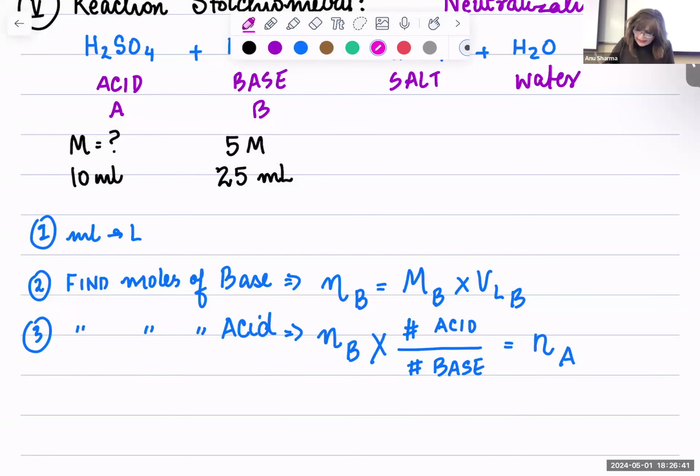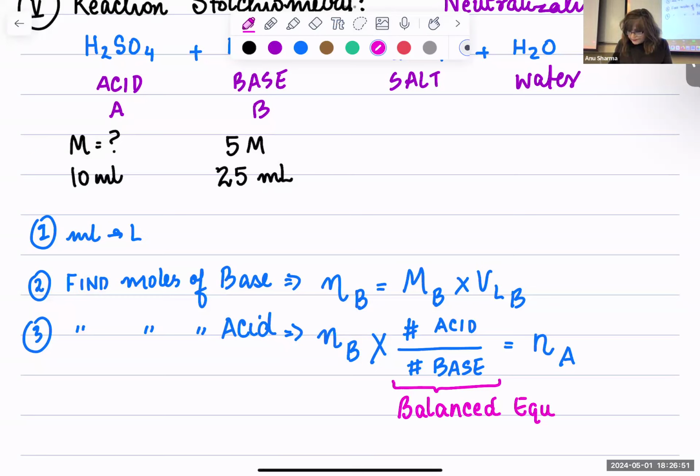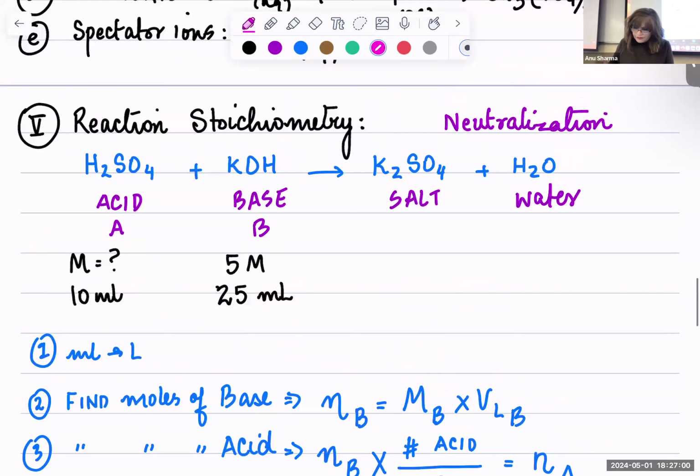And this part, like I said, is coming from the balanced equation. So it's very important to always check for balancing. So let's do this one first. We didn't even check the balancing of this one.